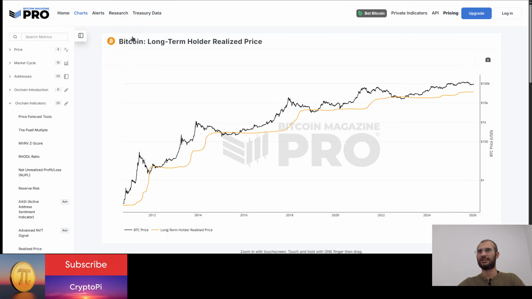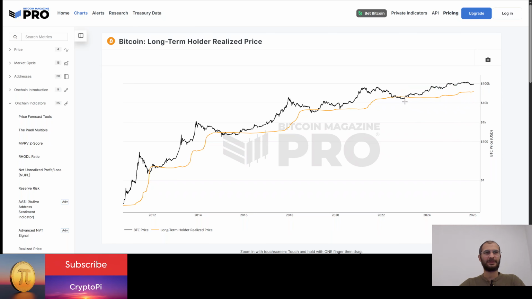If we look at another chart, which is the long-term holder realized price, the bottom of Bitcoin has been marked when the price of Bitcoin crosses below or touches the long-term holder realized price. Right now, the long-term holder realized price is approximately 38,000 something.